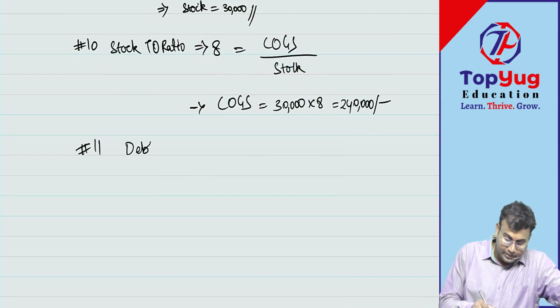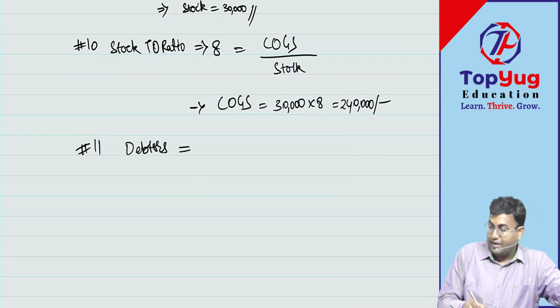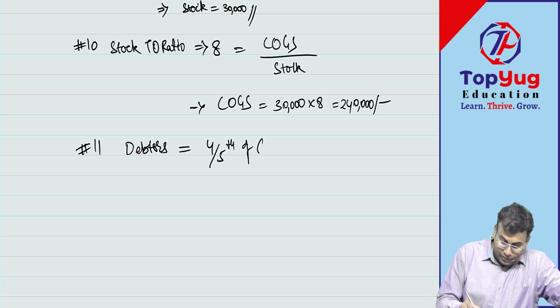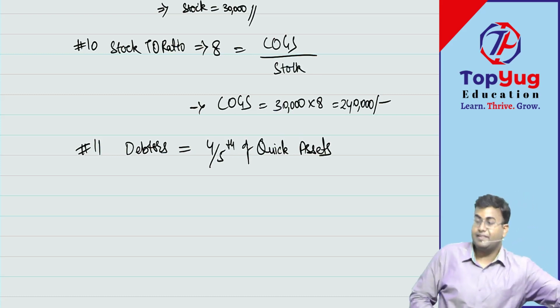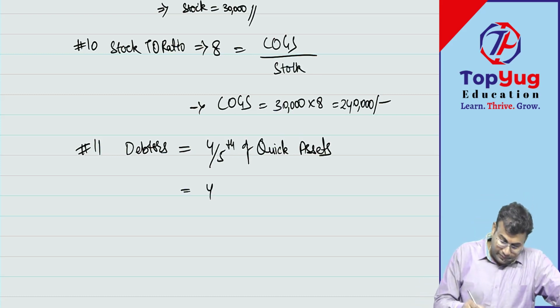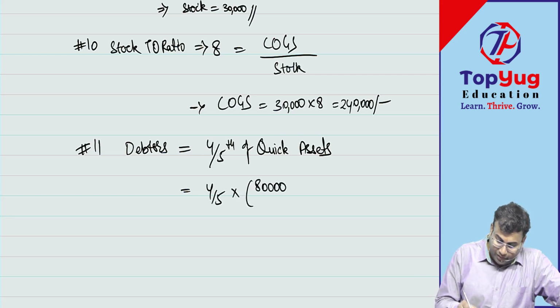So debtors is given as 4/5 quick assets. How much is your quick assets? 4/5 into total current assets 80,000 minus stock 30,000. So that means my debtors are 40,000.